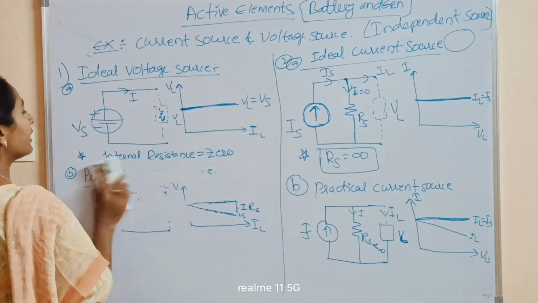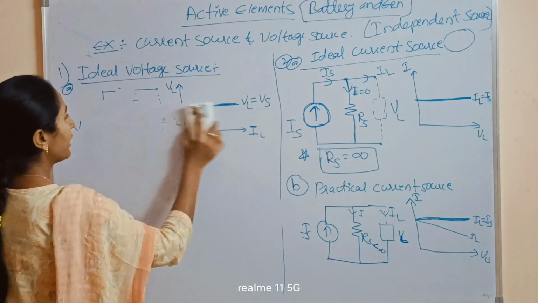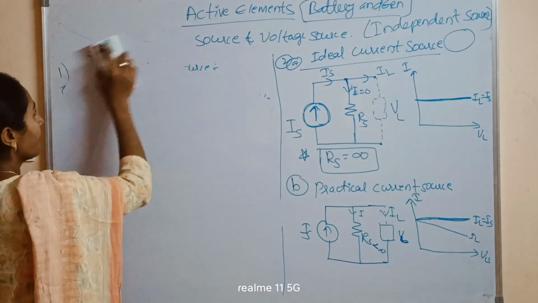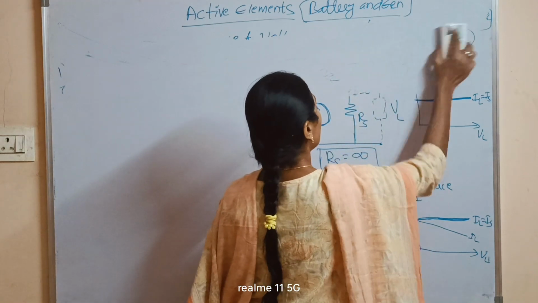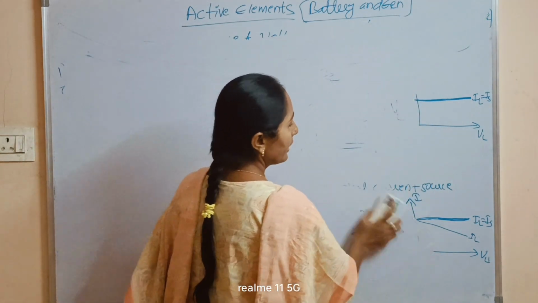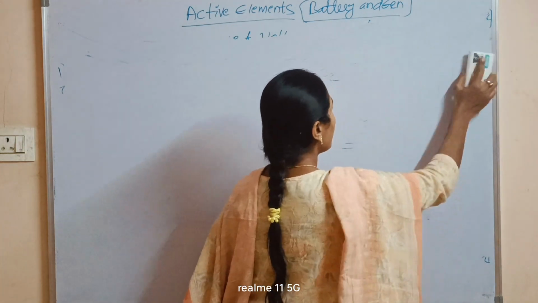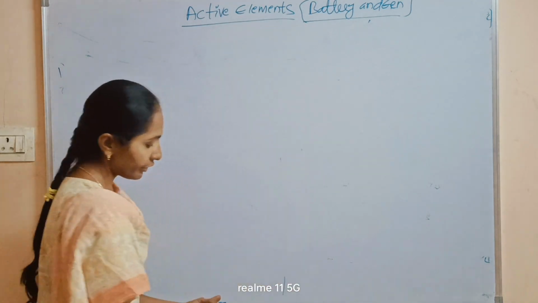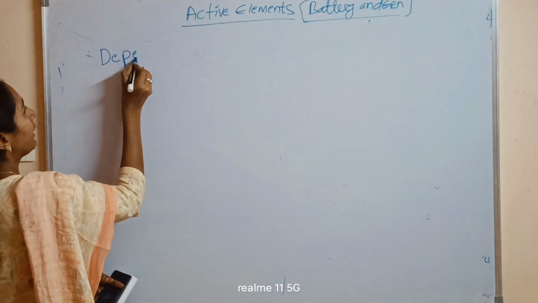Now coming to dependent sources. Dependent means one factor depends on another. The voltage in that circuit depends on a current, and a current source also depends on a voltage. Those are dependent sources.